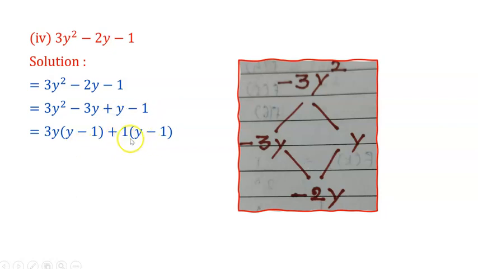Then in bracket we can write here y minus 1. Again take y minus 1 common from these two terms. Then in next bracket you will get the remaining terms, that is 3y plus 1. Okay. And therefore the factors of 3y square minus 2y minus 1 are in first bracket y minus 1, in second bracket 3y plus 1.